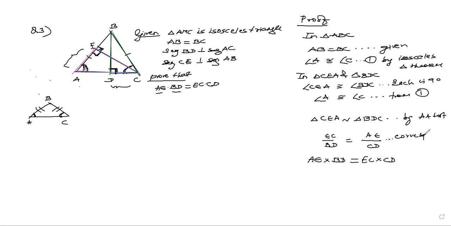The segment sides which are involved, I write only their names, I need not write the third ratio. Therefore, when I cross multiply, AE into BD equal to EC into CD, correct, you get the answer. So very simple sum, children. I don't think the sum is difficult. Okay, we go to the next sum, children.